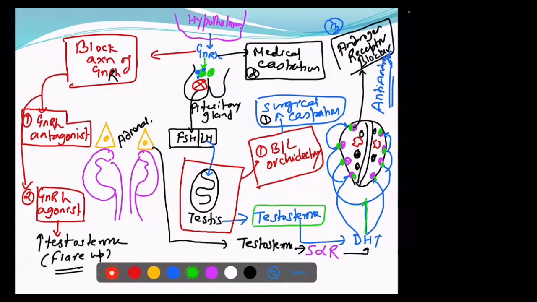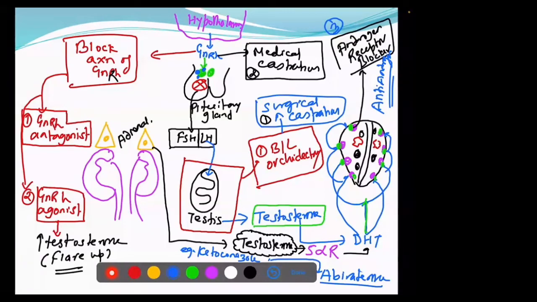This one is a very little amount, but is being produced by the adrenal gland. So if you want to block that as well, then we have to use testosterone synthesis inhibitors. Examples are ketoconazole, abiraterone. These drugs will block the synthesis of testosterone from the adrenal gland.